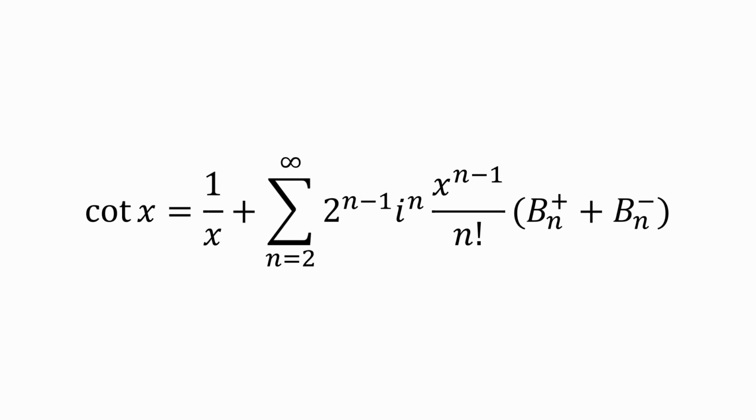The n equals 0 term is 1 over x, since b0 plus equals b0 minus equals 1. The n equals 1 term is 0 because b1 plus plus b1 minus is 1/2 plus minus a half, which is 0. Since n inside the sum is now greater or equal to 2, bn plus equals bn minus, so we'll now just use bn.